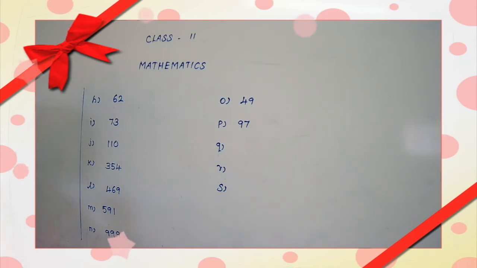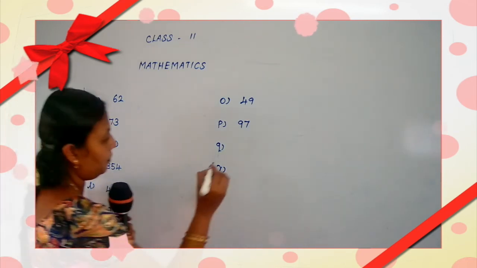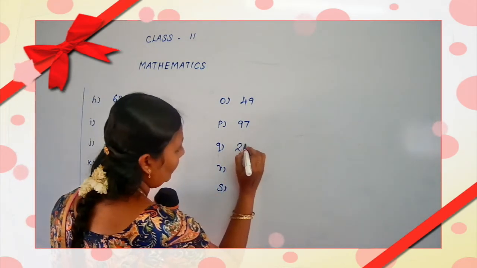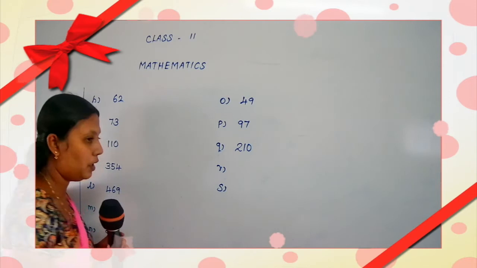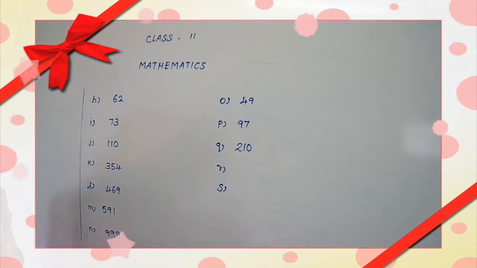Then see the Q question. The number between 209 and 211 is 210. See the next one.